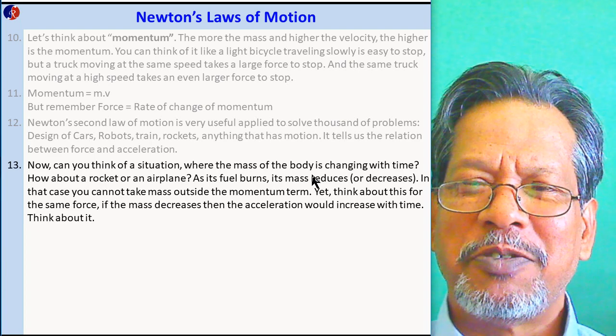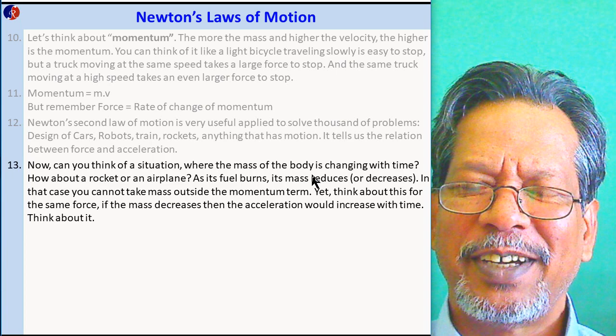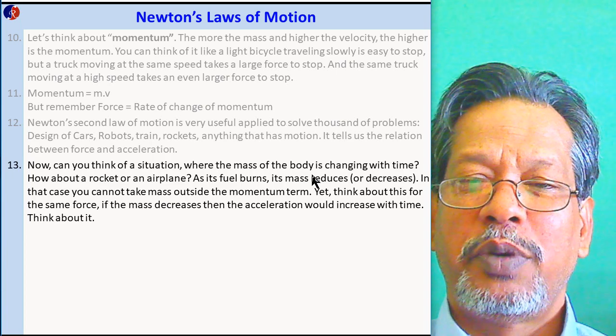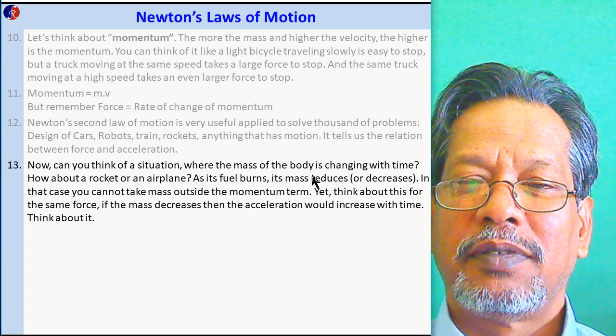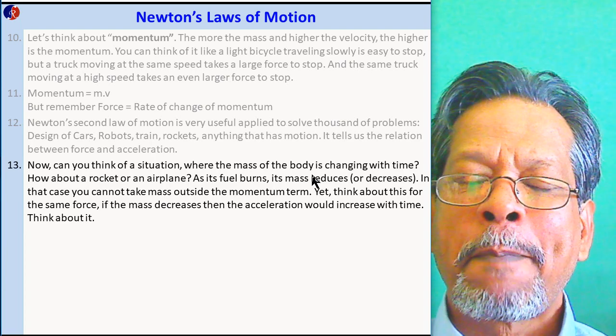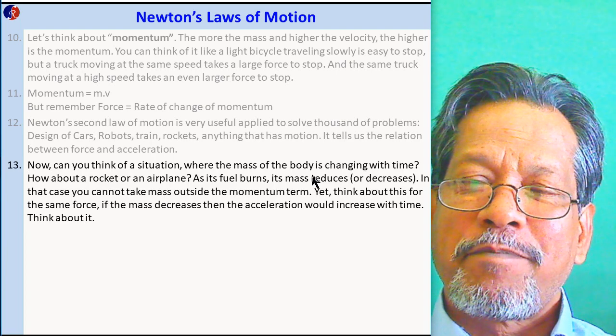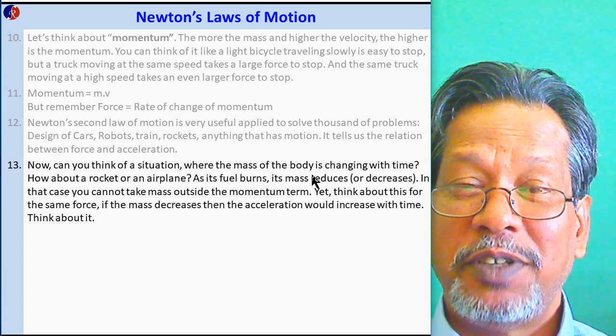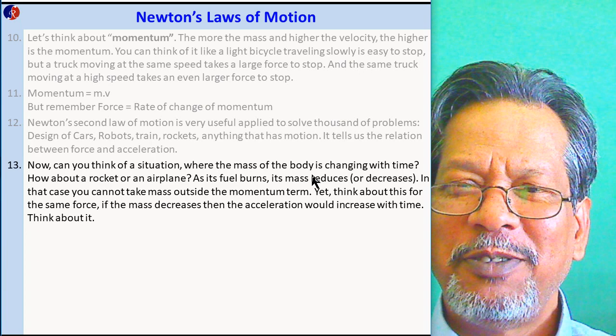That burns through the engine and goes away. It takes oxygen from the air, burns, becomes carbon dioxide and water, and goes away. So mass is reducing because fuel is being depleted. Fuel is reducing, so the mass of the airplane is reducing.